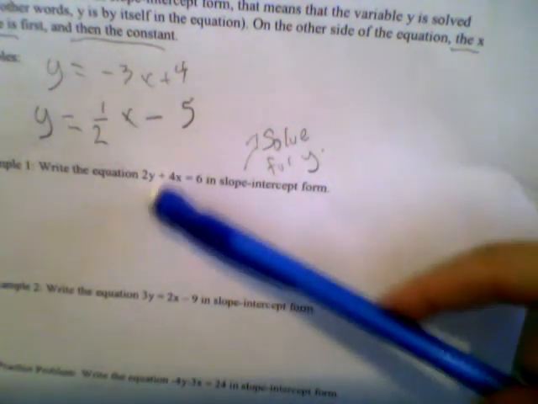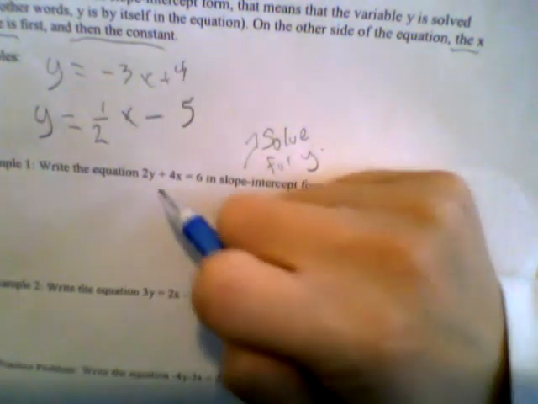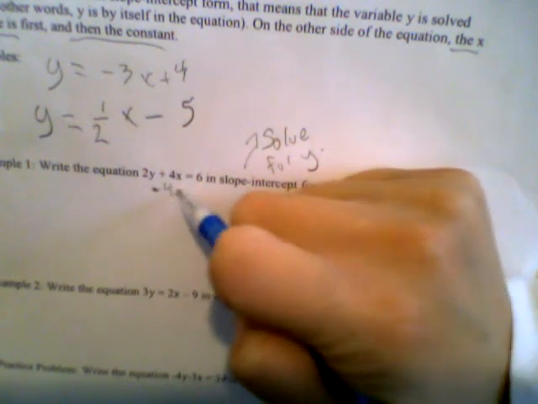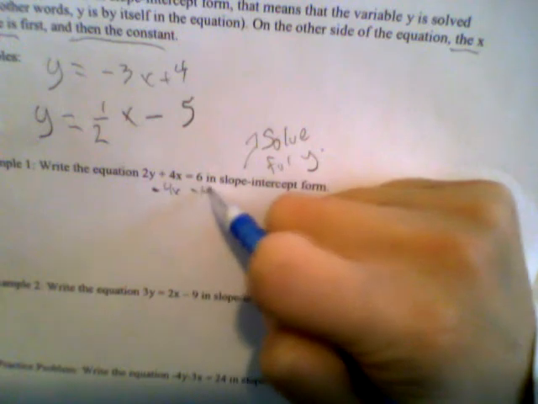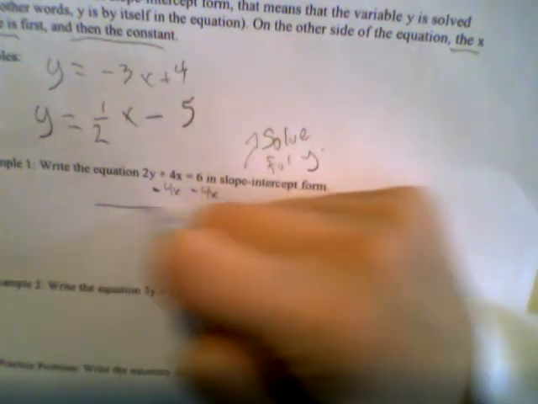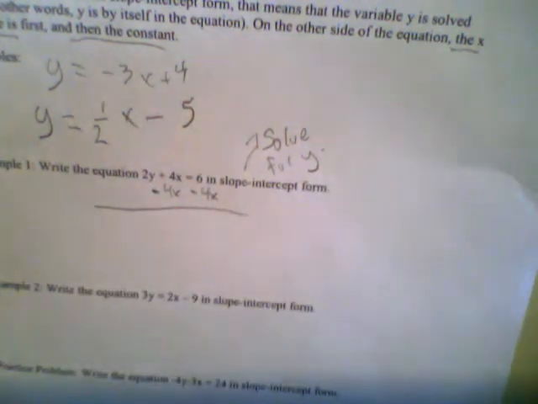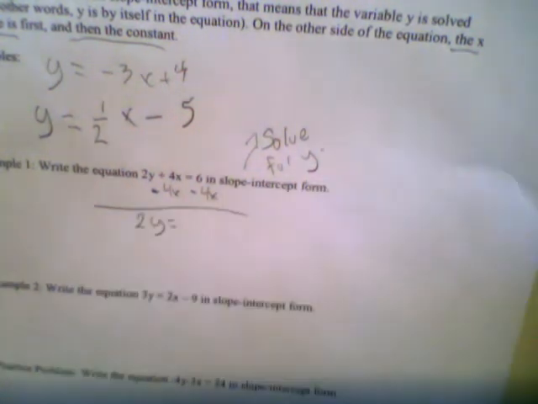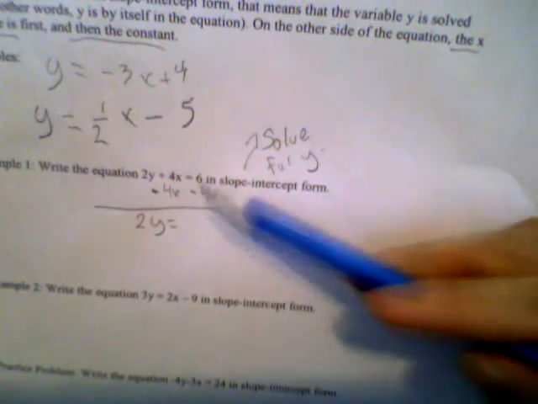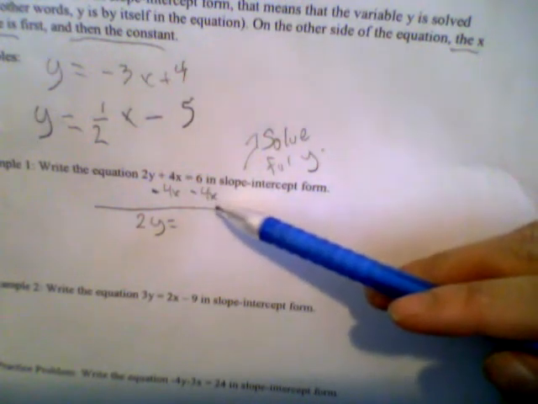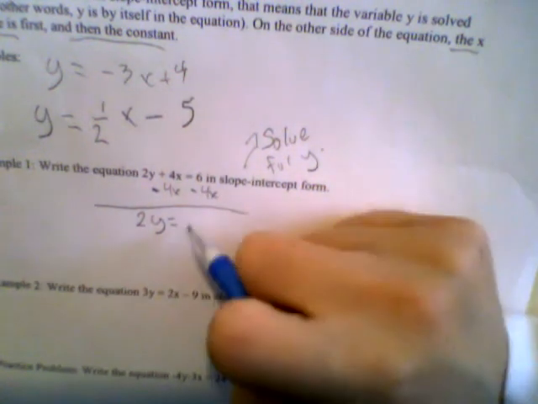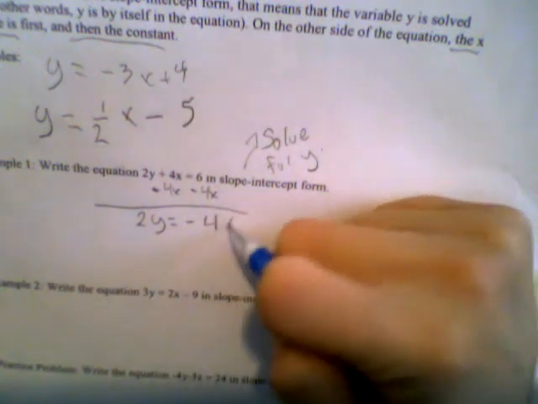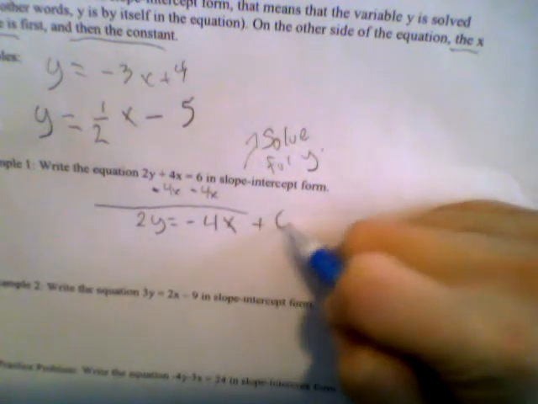The first step to get y by itself is to subtract 4x on both sides. When I do that, I'm going to get 2y. Now I could put 6 minus 4x, but because I want the x term first, I'm just going to put negative 4x plus 6.